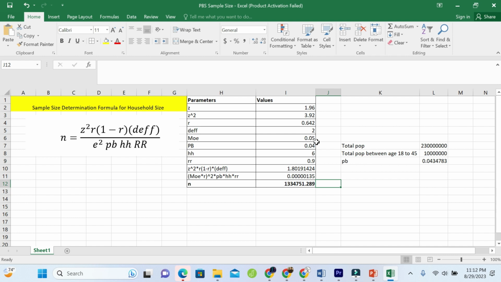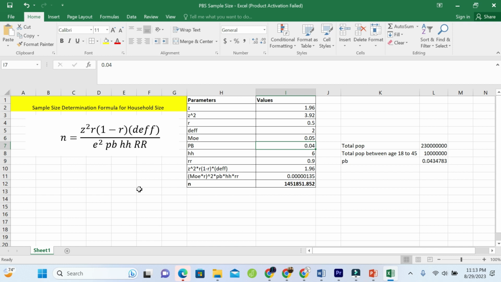If you change the parameter from 0.64 to 0.50, which we usually take if we don't know the exact value of this prevalence, the PB is based upon the calculation that I have shown here.